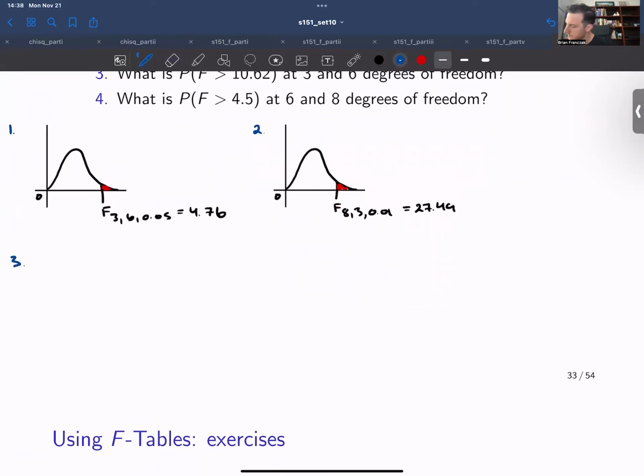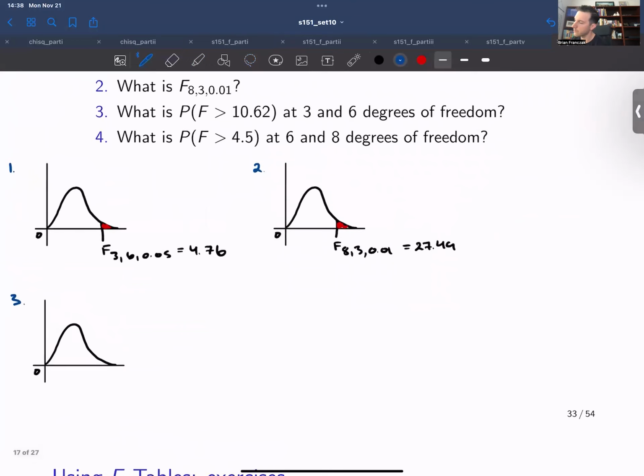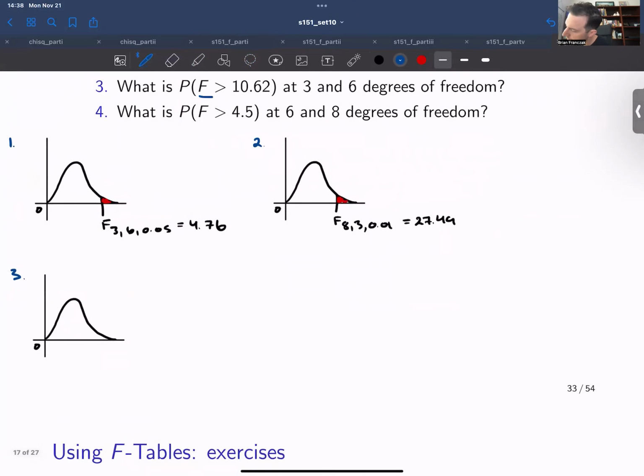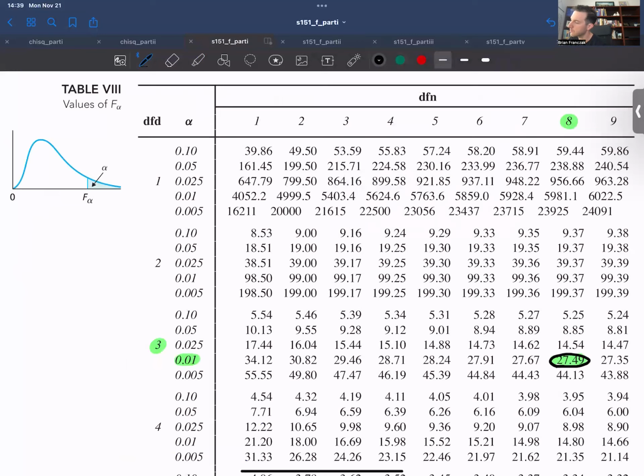In the third illustration, our starting point is the same, but now what we are doing is marking down the value that's given in the probability statement. So what we want to find, if this F value is 10.62, is how large is this green shaded area here. So we would take our degrees of freedom, 3 and 6, and go back to our F table.